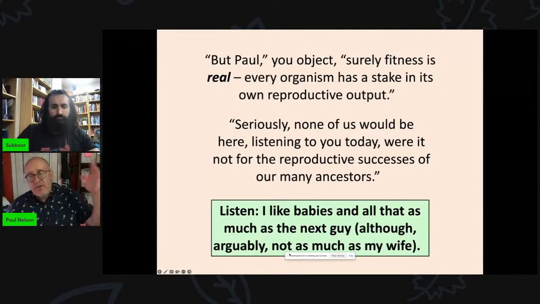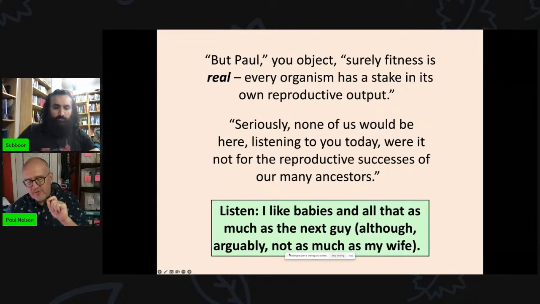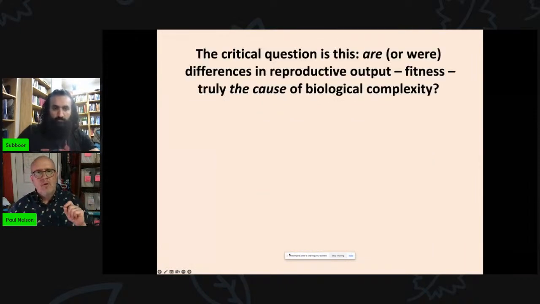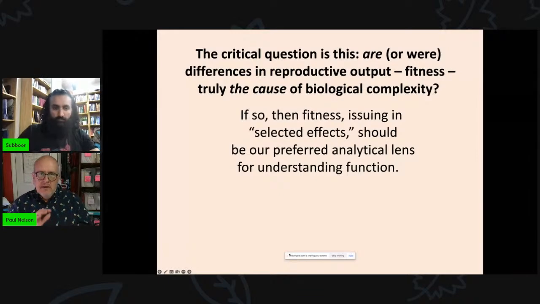And all right, I agree, fitness is important. Fitness understood in the sense of passing on your gametes, right? Passing on your genes to the next generation. But that's a different question from, is fitness the cause of what we observe? If it is, stick with it.